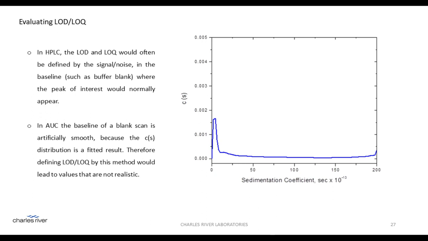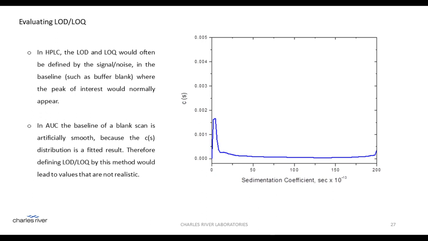Knowing the limits of detection in an AUC assay will also be important to method validation. In HPLC, the LOD and the LOQ would often be defined by the signal to noise, such as the signal to noise in the baseline of a buffer blank, where the peak of interest would normally appear.